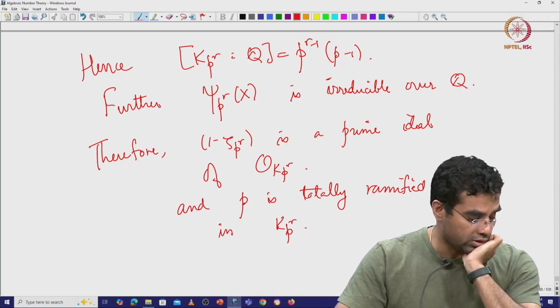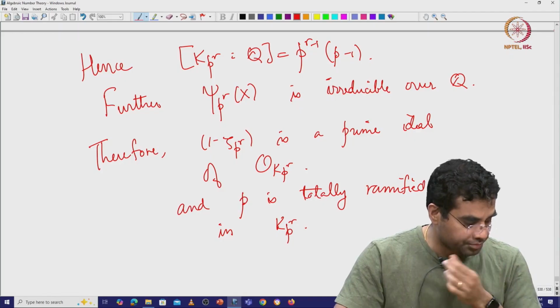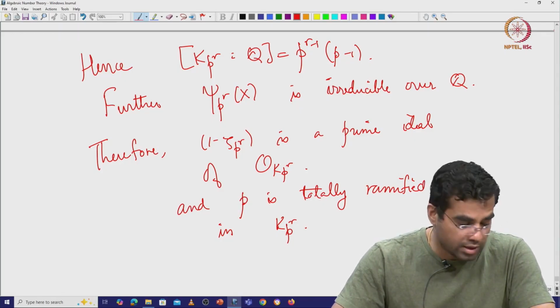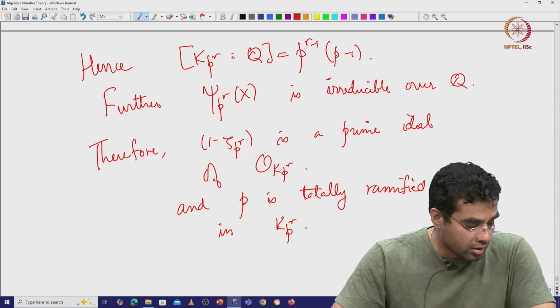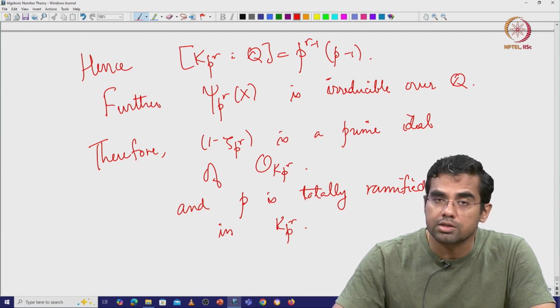So, we got these two things pretty much for free out of our proof. That is an advantage of doing it using algebraic number theory.